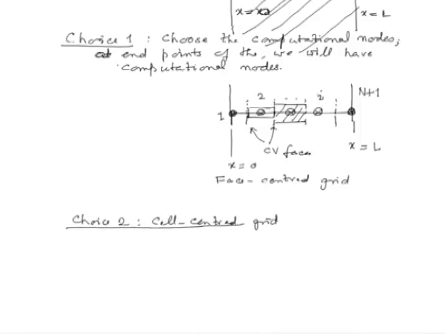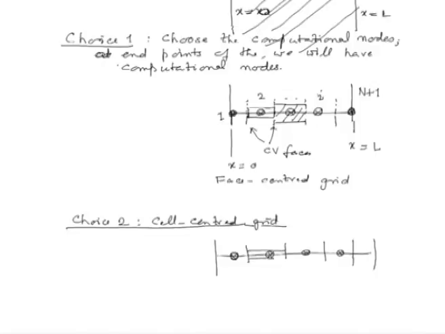Now, remember, as we discussed earlier, the cell centered grid is used more commonly in finite volume analysis. So, here we have got the domain. We will first divide it into cells. First, let us form our control volumes, and the center of each control volume becomes our computational node.